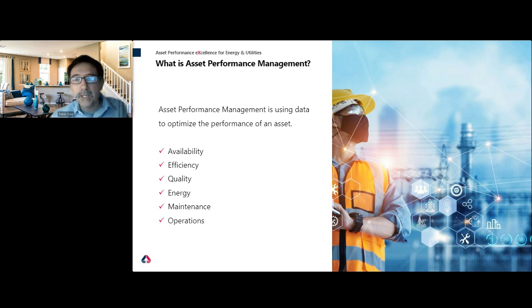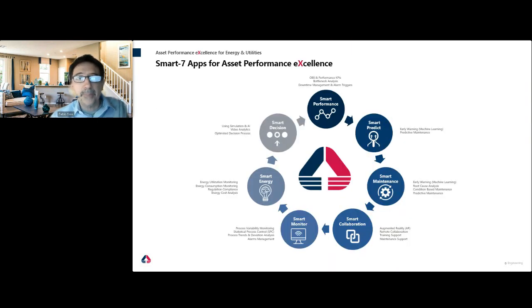In Engineering, out of our experience, we created a set of standard solutions around all these topics. For example, Smart Performance is really focusing on optimizing the performance of the asset. Smart Predict is more around early warning and predictive maintenance, so how we can predict when the machine will fail.